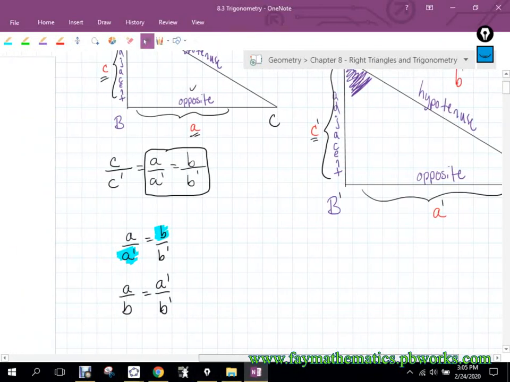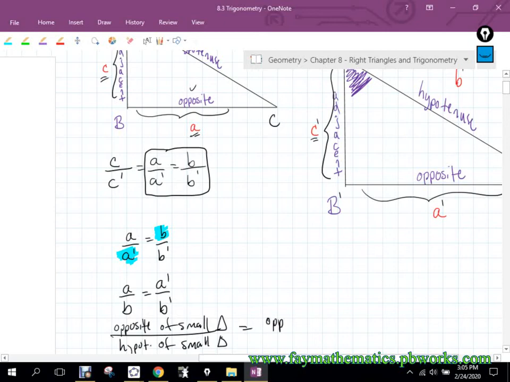And that's a unique thing. What that is saying is that A is the opposite side. The opposite side of the small triangle divided by the hypotenuse of the small triangle should equal the opposite side, so A prime now is the opposite side over here of the big triangle, divided by the hypotenuse of the big triangle.